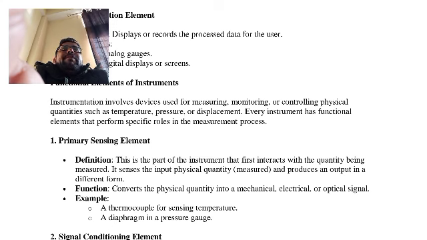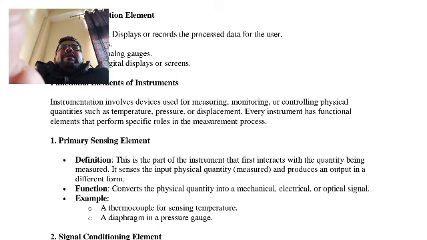Suppose we want to measure temperature, we can use a thermocouple, which produces output in the form of voltage. For pressure, we can use a pressure sensor or pressure transducer, which may give a non-electrical output.